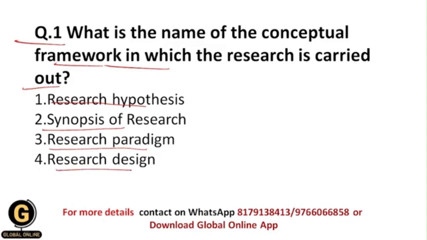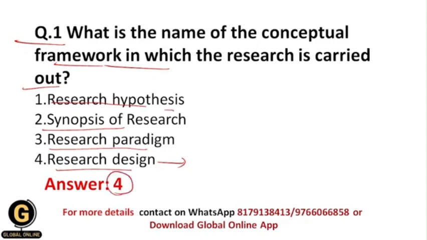Conceptual framework means the whole outline of the whole research process, which is nothing but the research design, and that's why your correct answer should be 4. Research design is the whole outline of your research process, in which you explain what different data collection methods and data analysis methods you are going to employ in your whole research process. Okay, and that's why your correct answer should be 4.